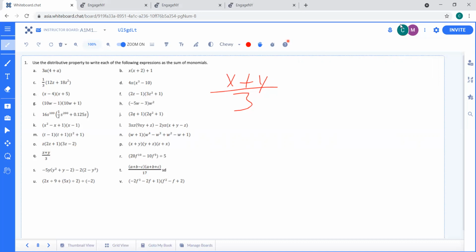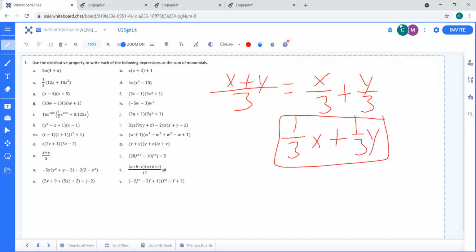So that's going to end up being equal to x over 3 plus y over 3, or if we don't want to write it as divided by 3, we do the multiplicative inverse, which is 1/3 x plus 1/3 y. And that is your answer. Just divide by each term, break it apart.